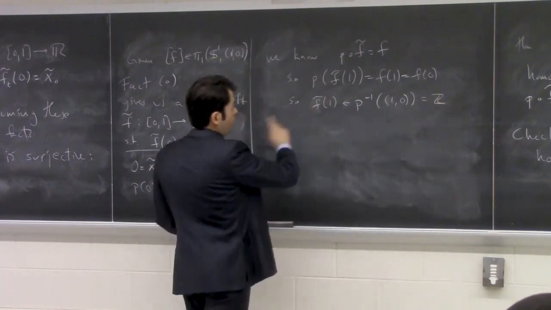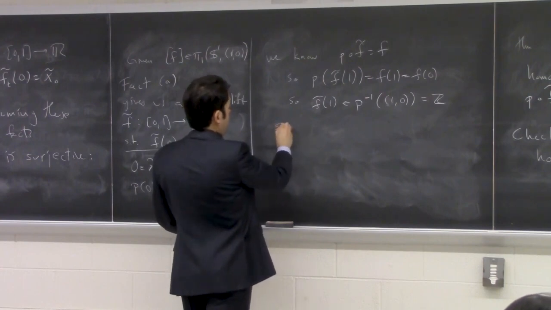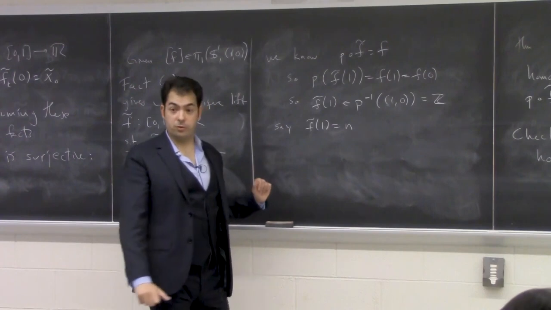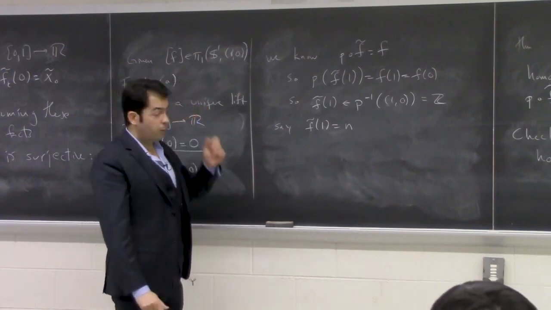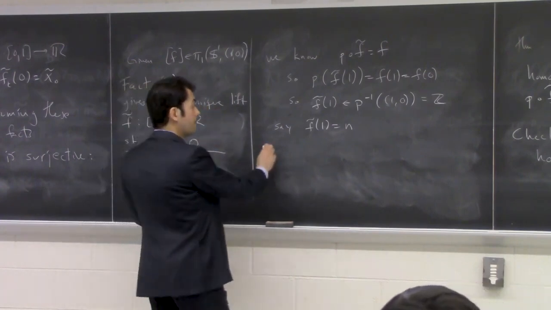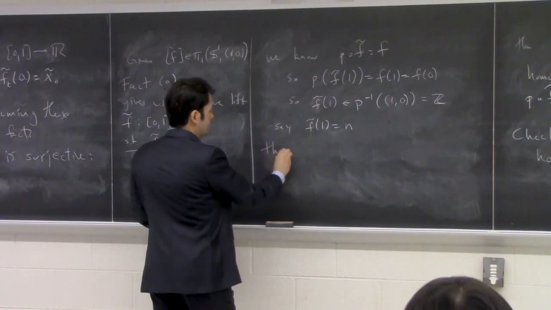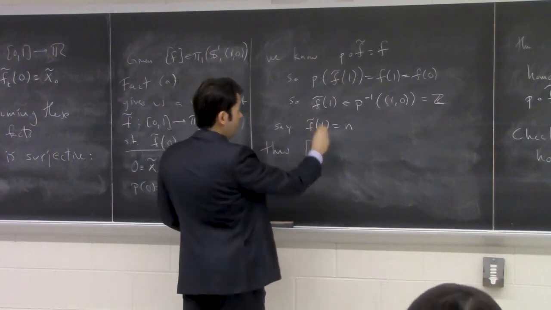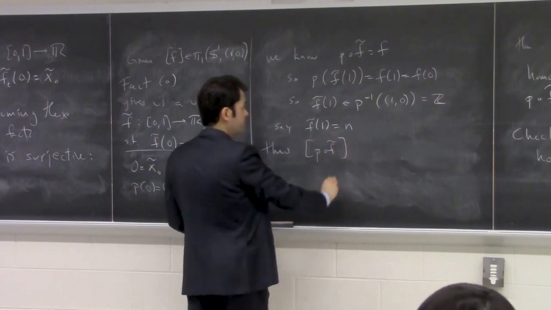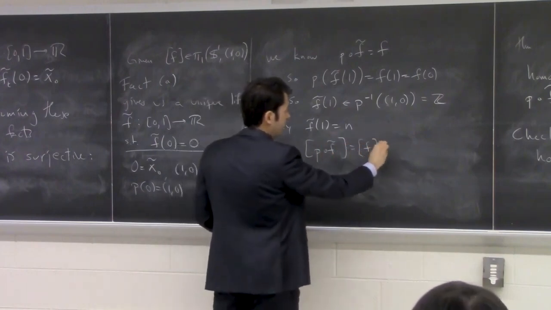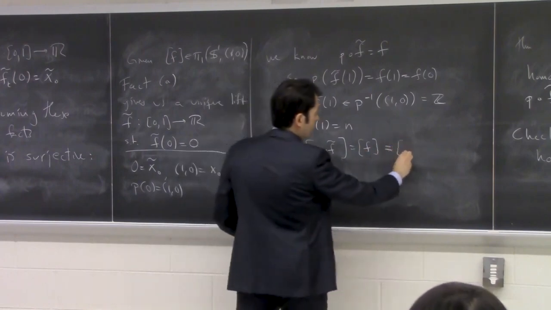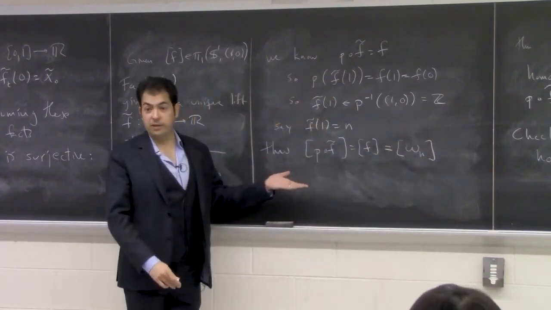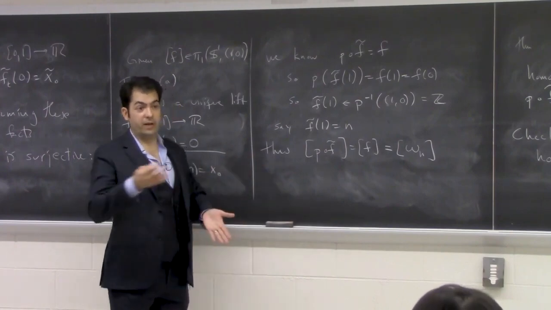Right? So say F tilde of 1 equals n. It's some integer. Okay, well then by what we saw at the beginning of the proof, the homotopy class of P composed with F tilde, which is the homotopy class of F, is the same as the homotopy class of omega sub n, because F tilde is a path in R that goes from 0 and ends at n.